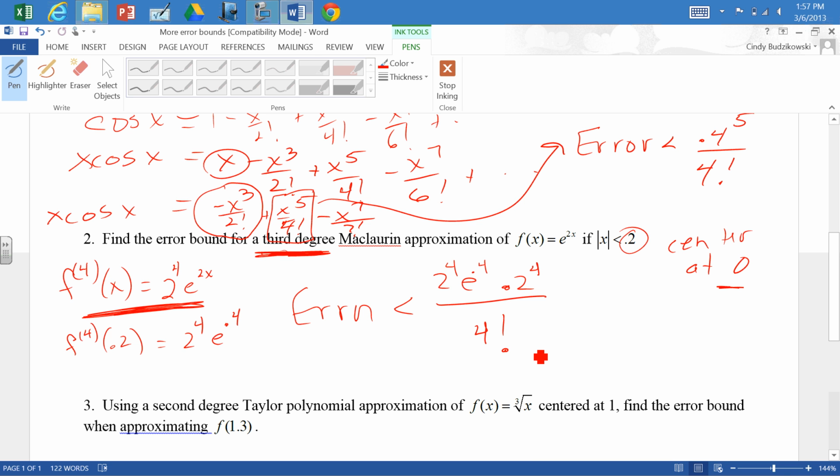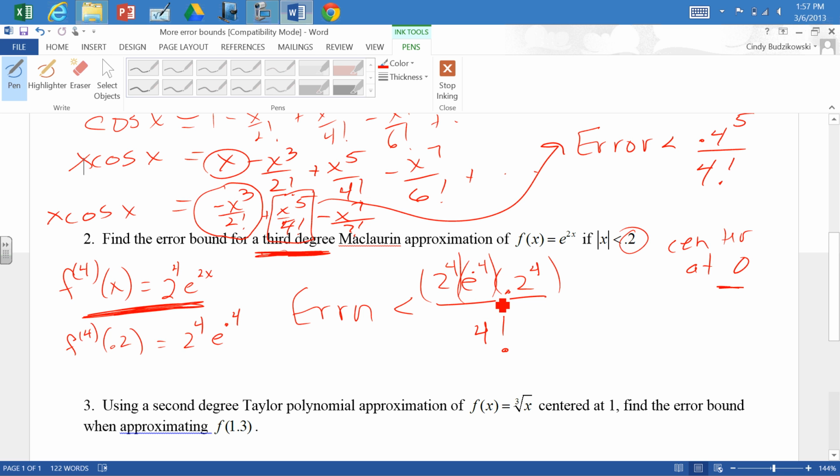And I do not have my calculator right here, so I'm going to let you figure out what that number is. Okay? That's a 0.2 to the fourth. Sorry about that.